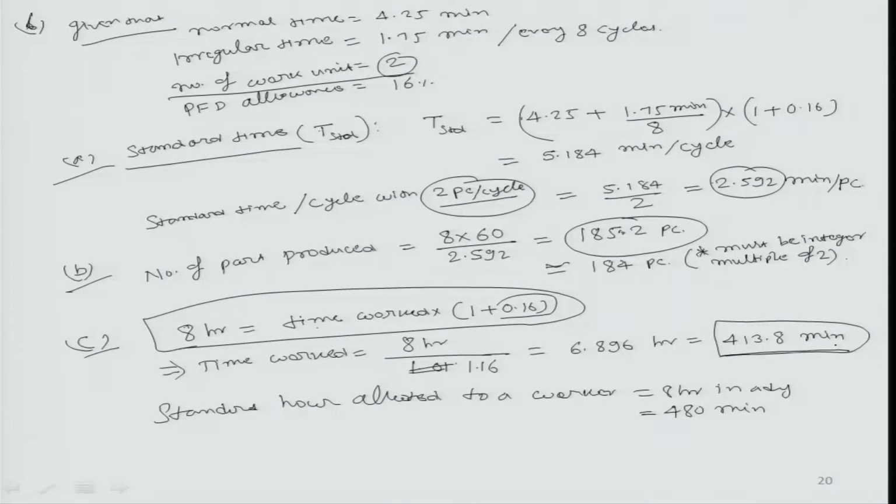So what will be the time lost? 480 minus 413.8, that is 66.2 minutes. This is the anticipated amount of time lost.